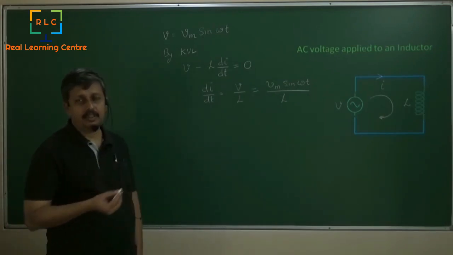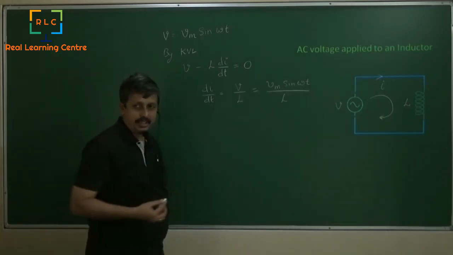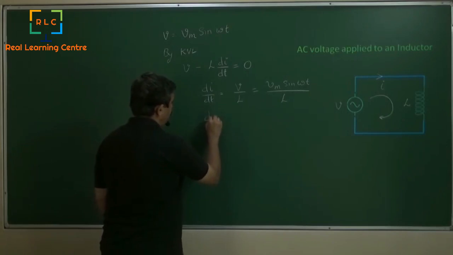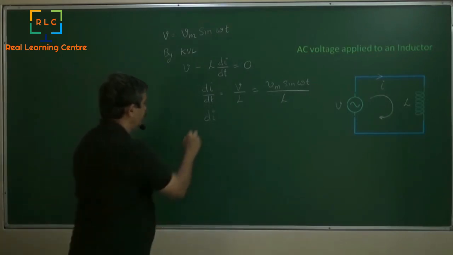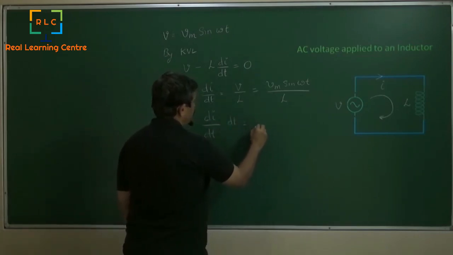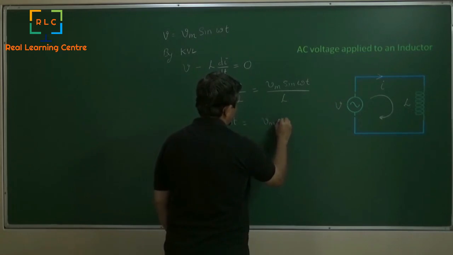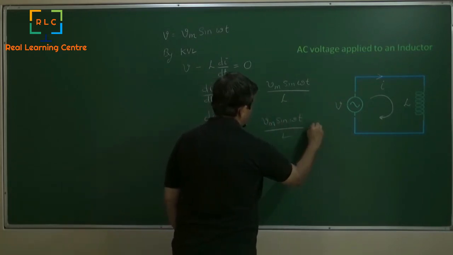This is not a very correct way of saying it, but that is how you generally solve differential equations. di by dt into dt is equal to Vm sin omega t by L dt.